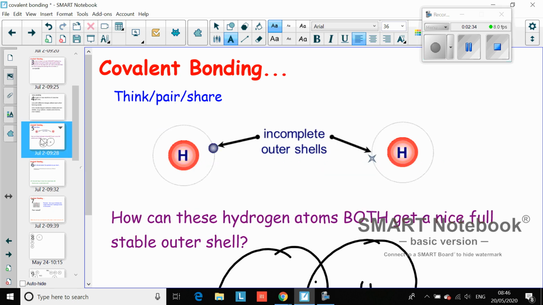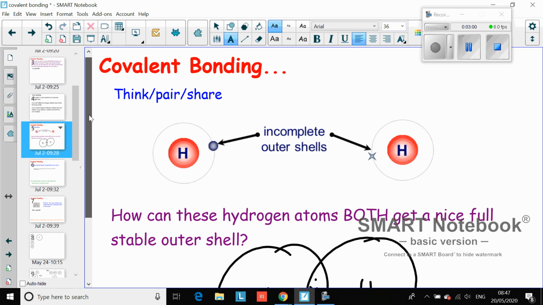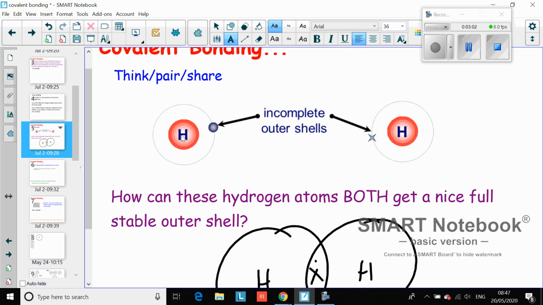So last lesson with ionic bonds, what we learnt was that atoms want that full outer shell of electrons, and they'll do anything to get it. They'll either lose or gain electrons so that they can have a complete outer shell. But some atoms have come up with a different way of getting that full outer shell. So let's just take the simplest atom, hydrogen. Now, as you can see, hydrogen is just one proton in the middle and then one electron going around the outside.